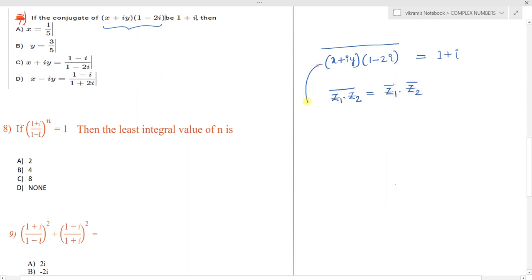So now this can be written as the conjugate of x plus iy into the conjugate of 1 minus 2i equals 1 plus i.